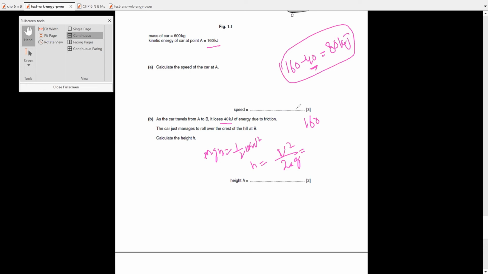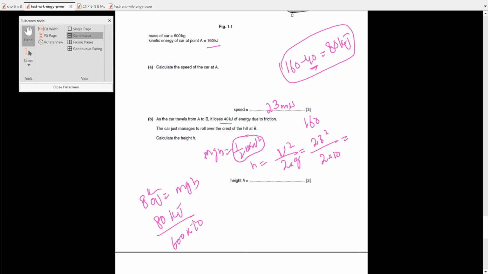V is what we have found in the previous part, 23 meters per second. So 23 square over 2 into 10, we'll get the height as, or we can do another thing. We could simply go as 80 kilojoules equals mgh, divided by mass, which is 600, and g, which is 10.